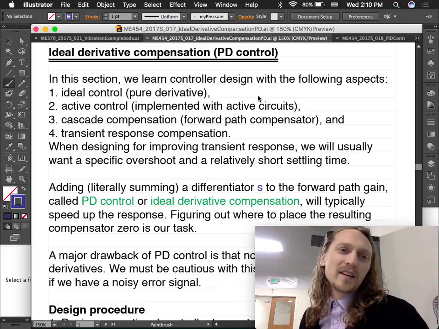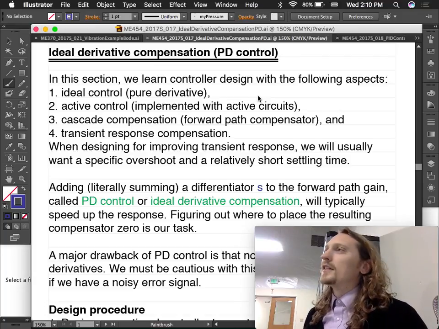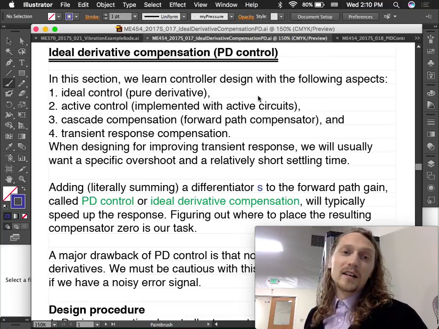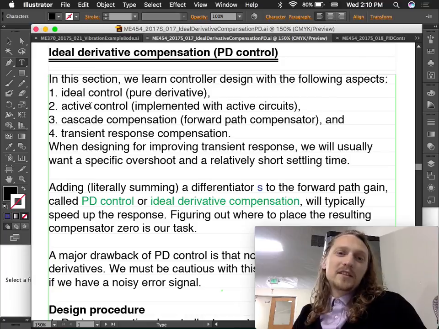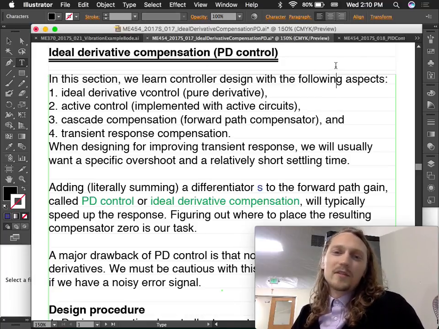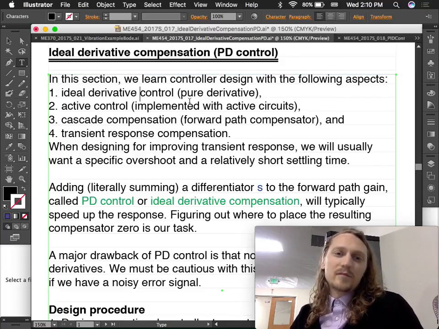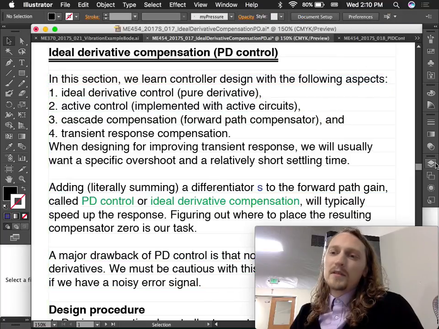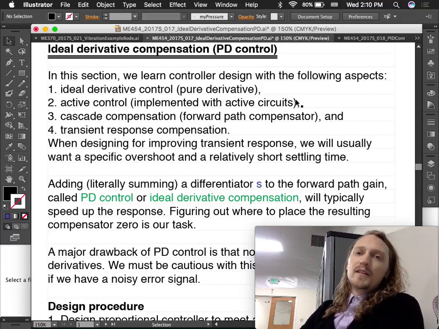So we'll jump in. In this section, we learn controller design with the following aspects. Ideal derivative control, which is a pure derivative.